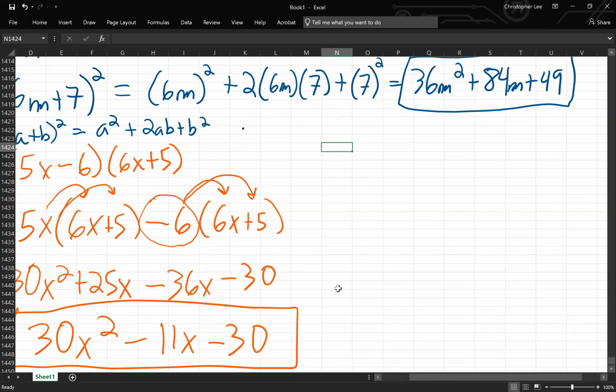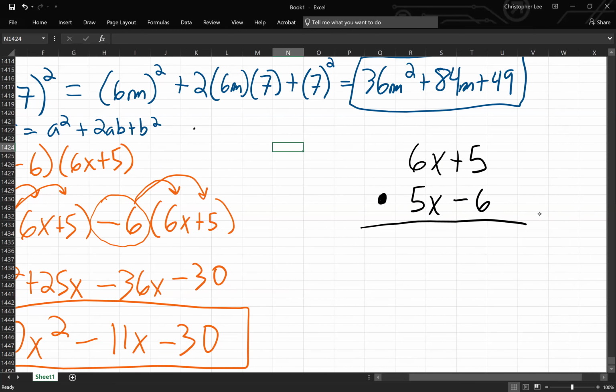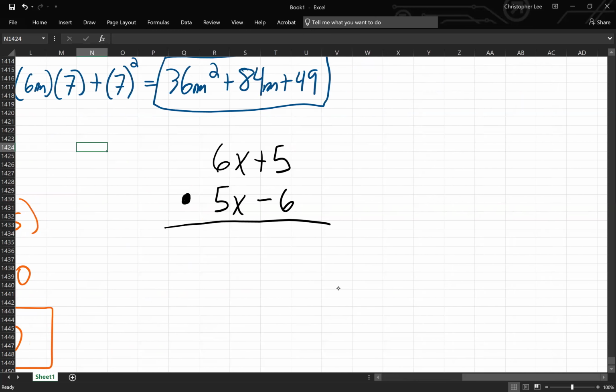Let's do the vertical method. So I got 6x plus 5. And then I have 5x minus 6. I'm going to multiply these. Negative 6 times 5. What's that? Oh, I know y'all tired.